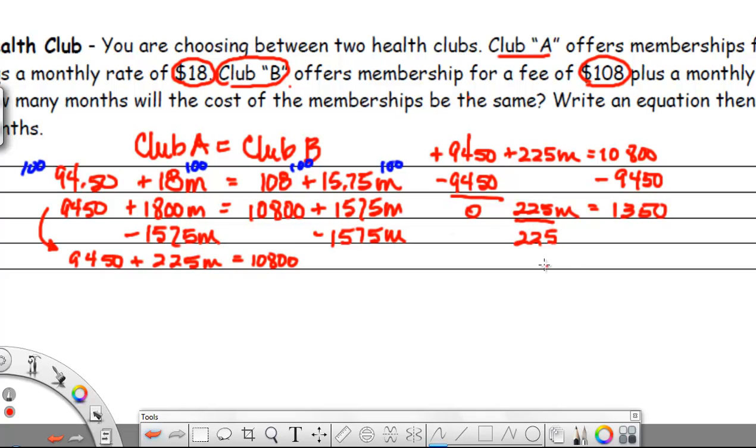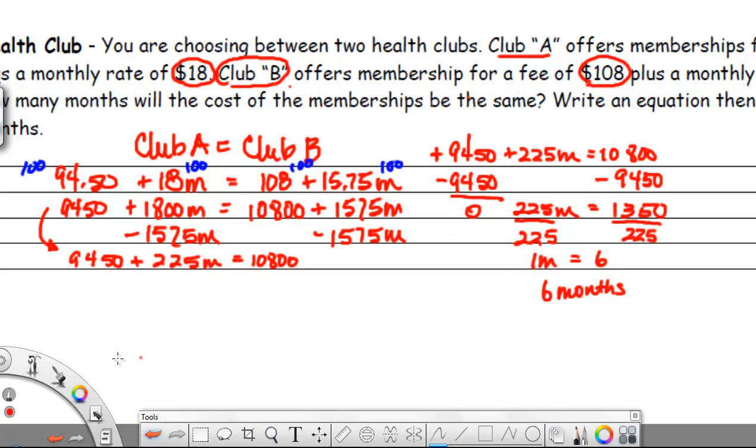This side gets it to go to 1m. And then I do it to the other side because I have to. And then 225 divided into 1350 is 6. So it takes 6 months before the amount of money that I spend on Club A versus Club B is the same. After membership for 6 months, I'll be spending the same amount of money.